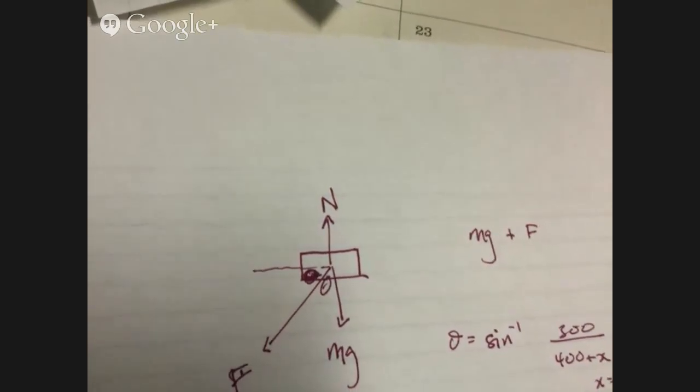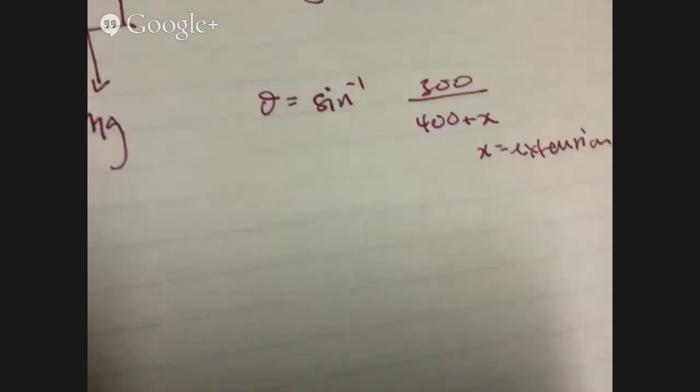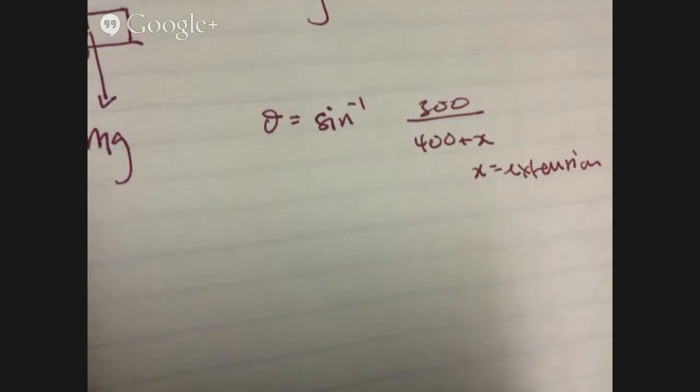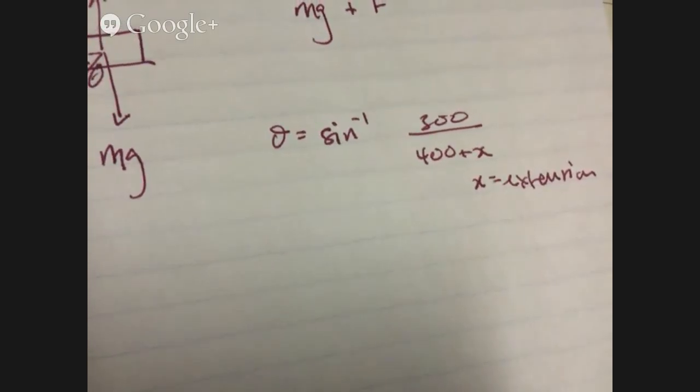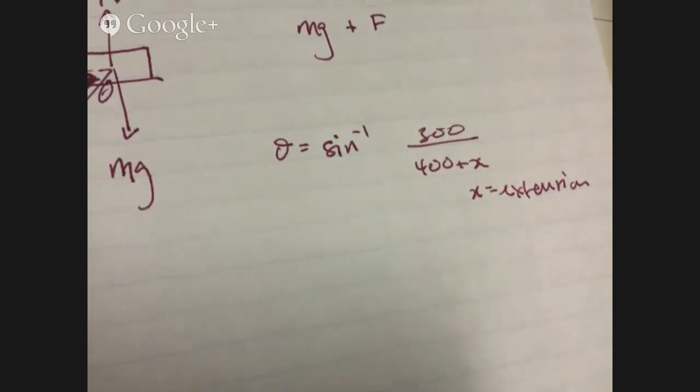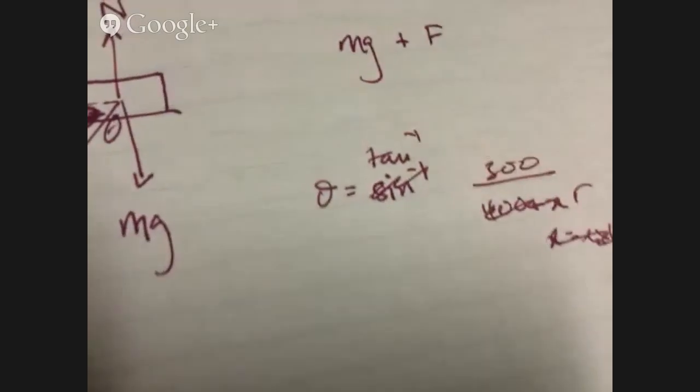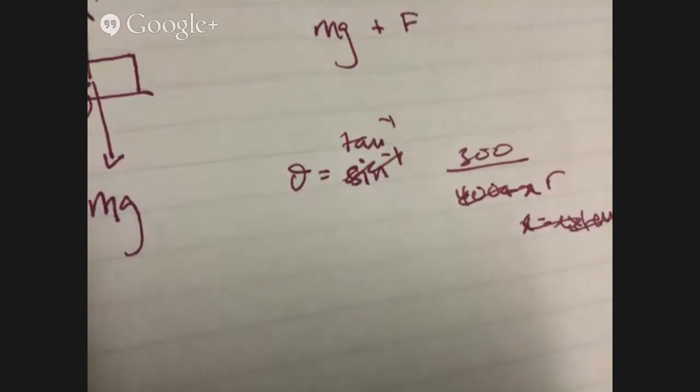Okay. So is that what you were looking for? No, I'm not looking for x. I'm looking for r. I'm looking for this distance. Oh, okay, sorry. Then you're just going to do tan theta equals 300 over r. That's it, right? Okay.